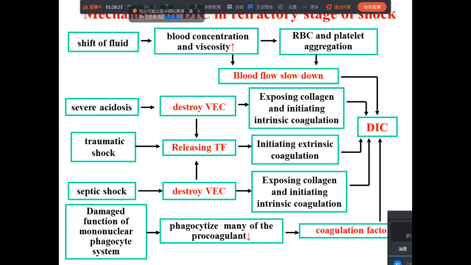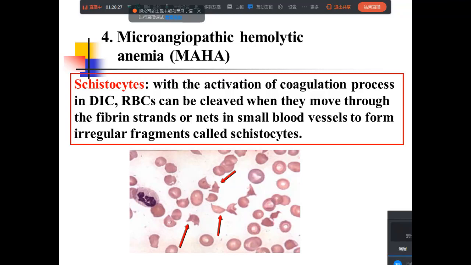Now that is the second manifestation, shock. The last manifestation is microangiopathic hemolytic anemia.